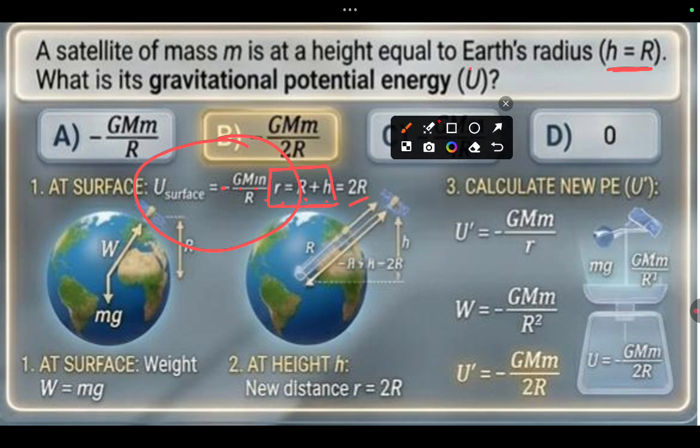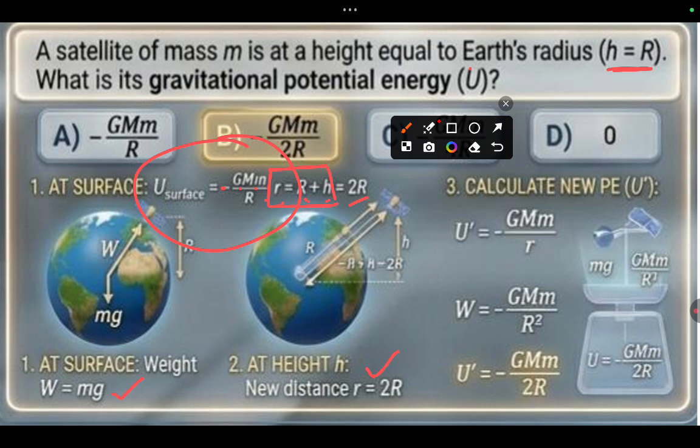Now as we know, at the surface the weight is W equal to mg. At the height, the new distance is R plus R, which is 2R. Our formula for the gravitational potential energy is U equal to minus G M m by r.